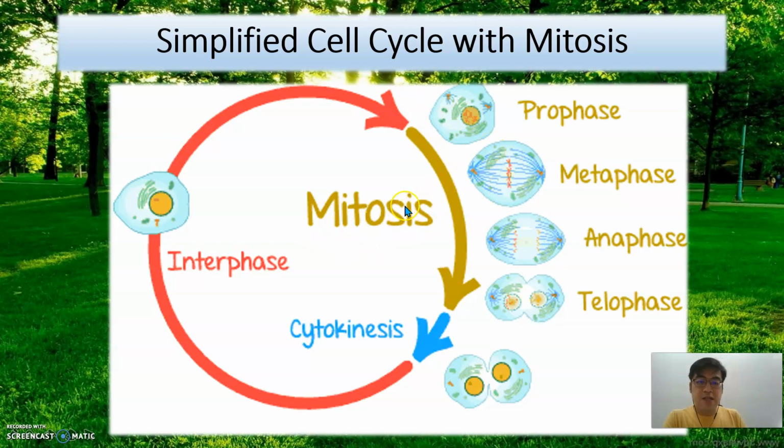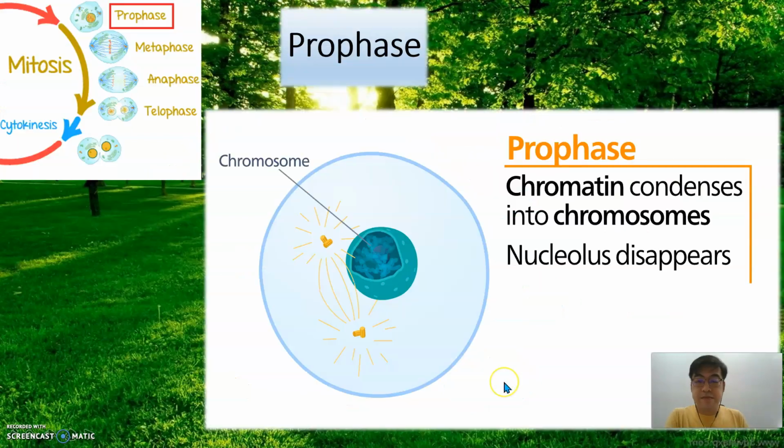As I said just now, mitosis itself has the pro, meta, ana, and telophase. Not forgetting the cytokinesis phase. Cytokinesis means cell division. Cyto means cell. Kinesis means dividing.